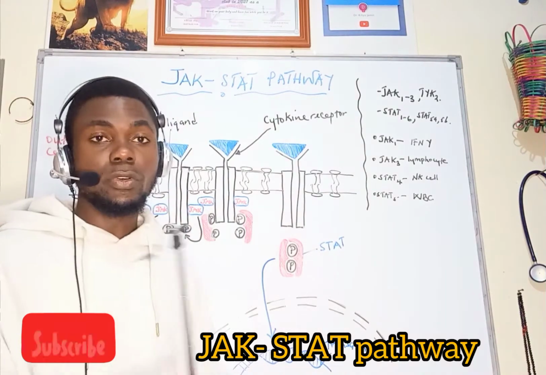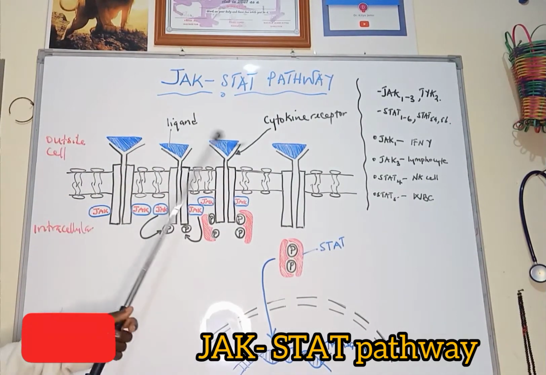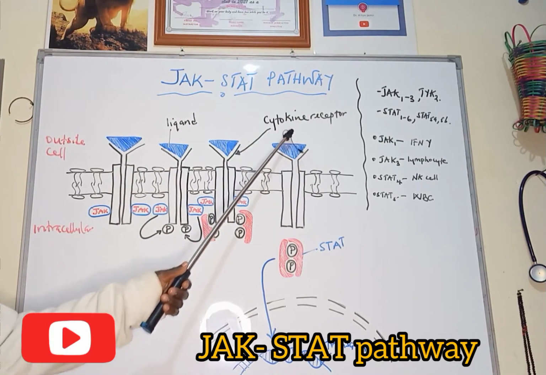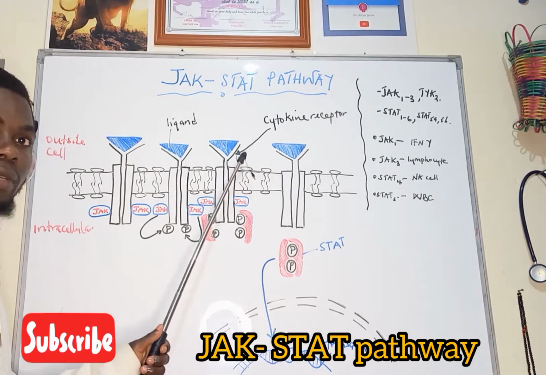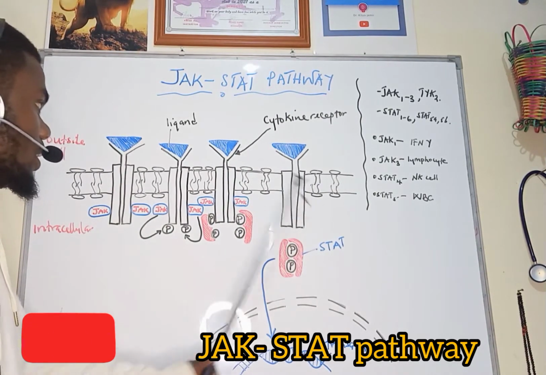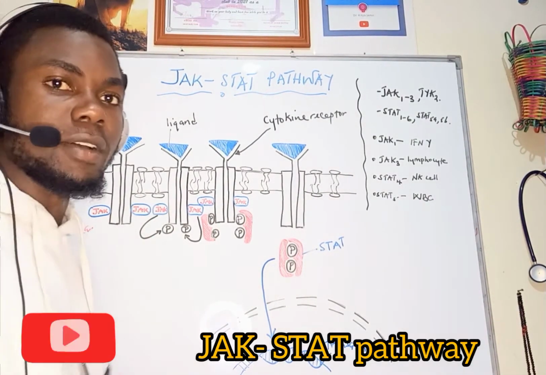So when we go to the pathway, we are going to see that we have our cytokine receptor. This is our receptor, the cytokine receptor. We have our ligand in blue, the cell membrane and the proteins. What happens in this pathway?